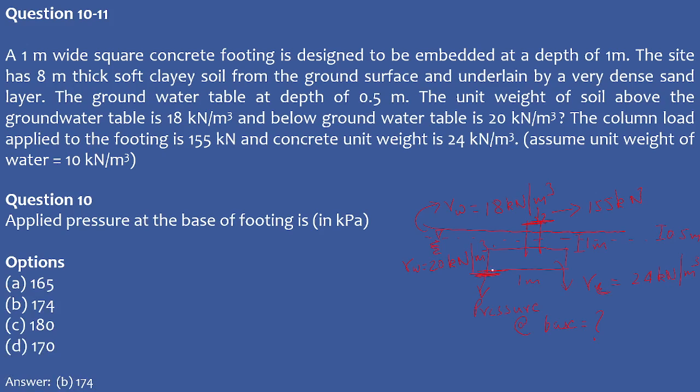So we need to find, due to the applied load, what is the applied pressure at the base of the foundation. If we consider this portion, the pressure at the base, we are having the dead load coming from the footing and the applied load from the column.